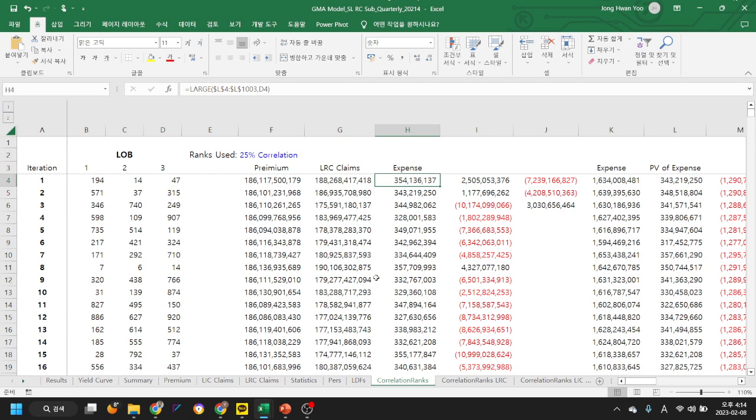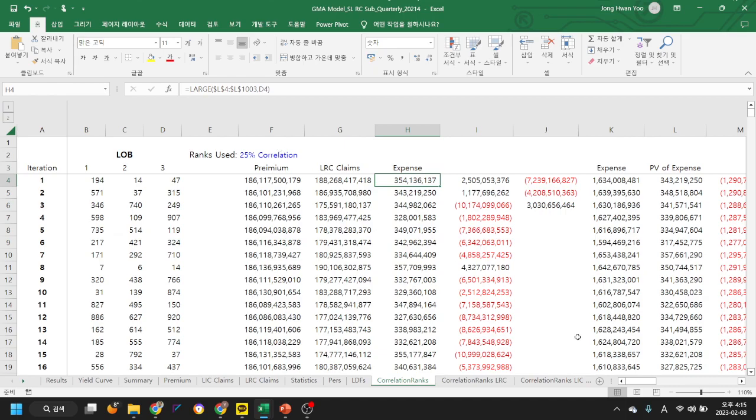How are you going to do that? If we sort it in ascending fashion, you could get the ranks, right? From the smallest to the biggest, you get ranks running from 1 to 1,000. And then if I impose the correlation, there are only ranks reshuffling.